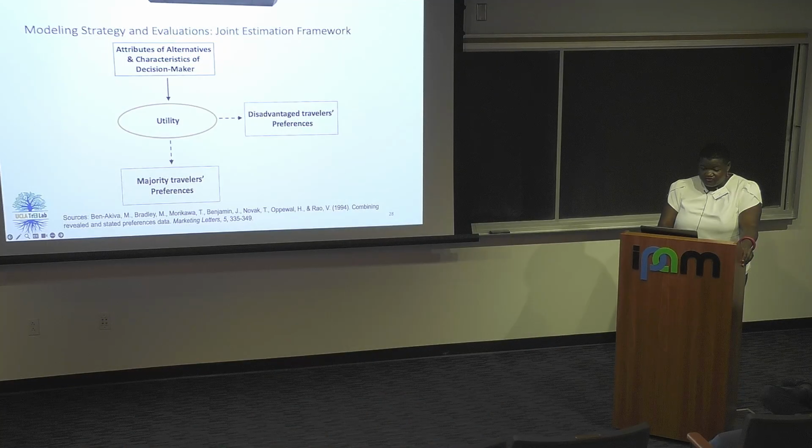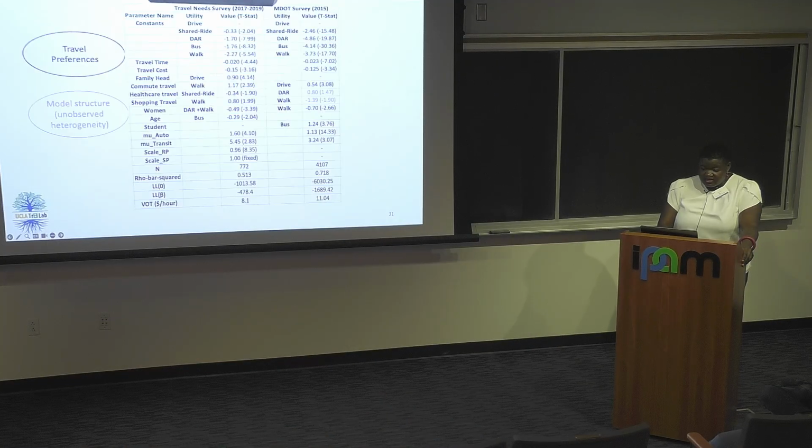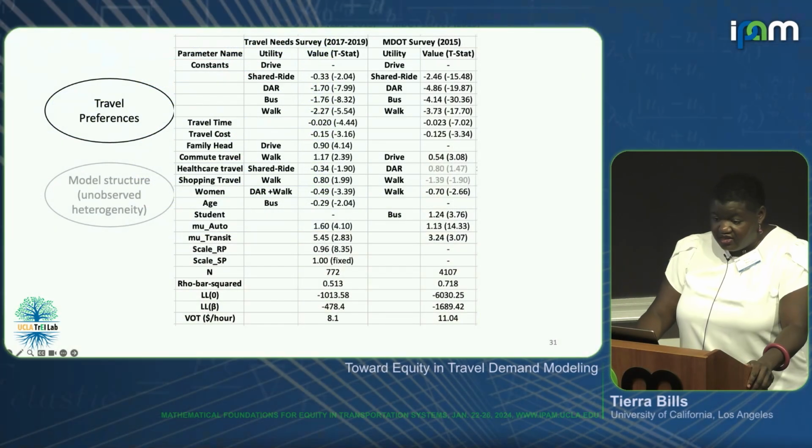So we can jointly estimate a model from these data. But the first thing I want to show you is a simple nested logit mode choice model estimated from both data sources. So we have a model here that's estimated from our survey. We're calling it the travel needs survey.